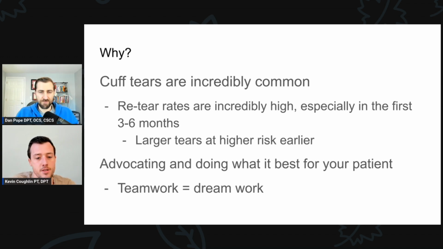We have to understand that larger tears are at higher risk earlier of re-tearing. But what we're really here for is to advocate for the patient, right? So we're trying to do what's best for the patient with these 4 keys, and understand that with the patient, with the surgeon, with us, with everyone involved, teamwork is really what it's all about in helping the patient succeed.